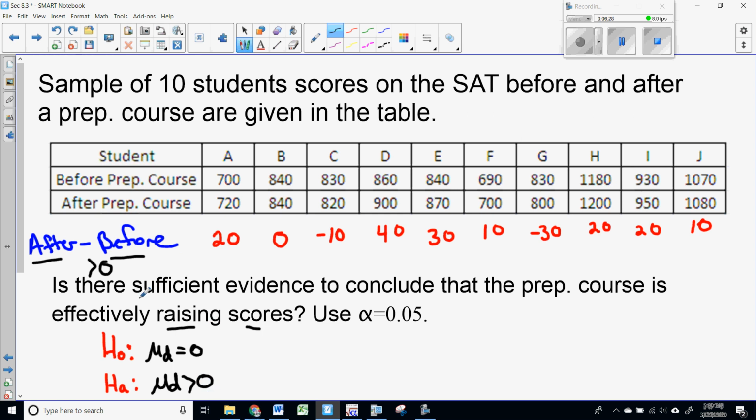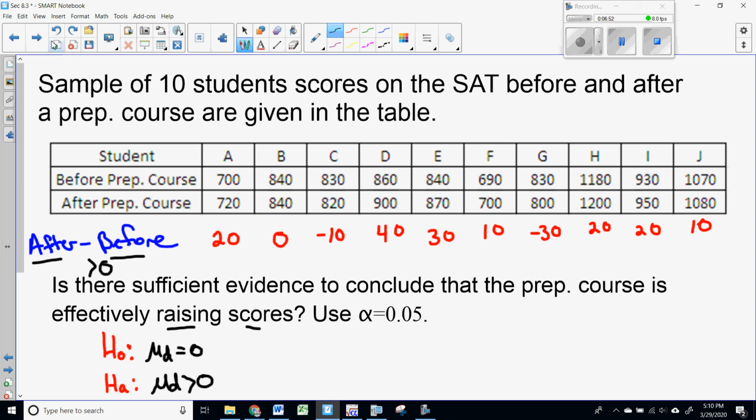If you would have subtracted before minus after, then you would have had negative 20, 0, 10, negative 40, negative 30, negative 10, 30, negative 20, negative 20, negative 10, and you would have done less than 0. So it all depends on the problem and which way you subtract.